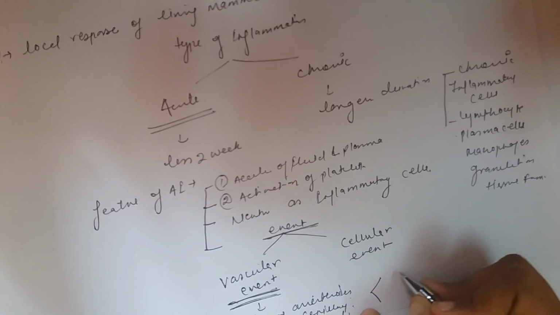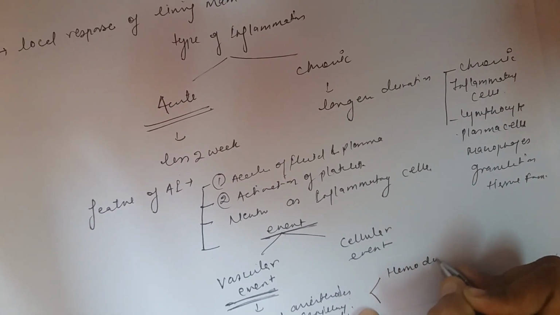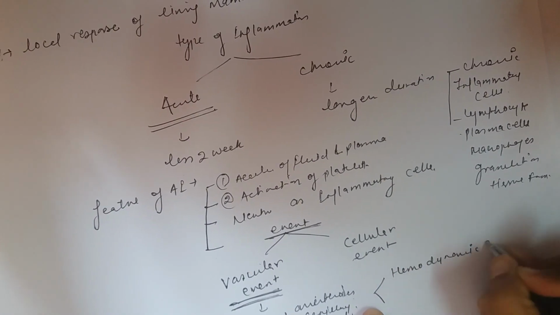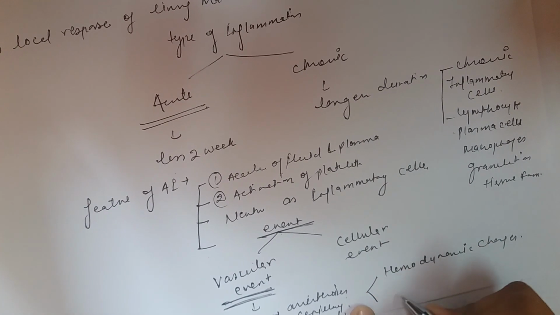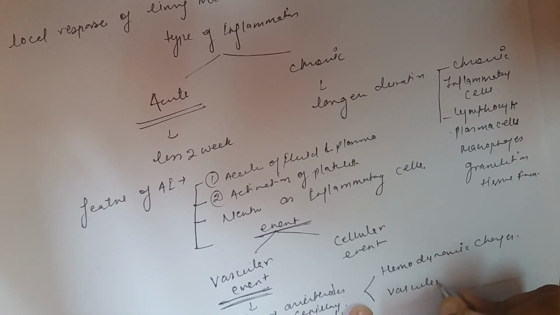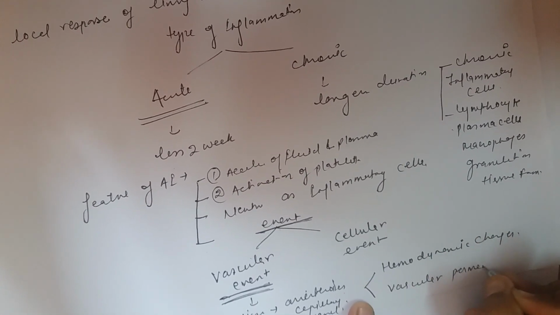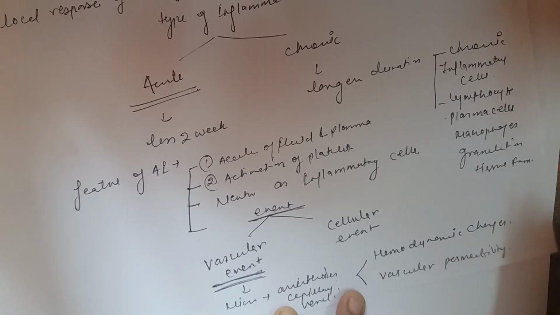In the vascular event, two alterations are included. One is hemodynamic changes, another one is vascular permeability. One by one we'll discuss them.